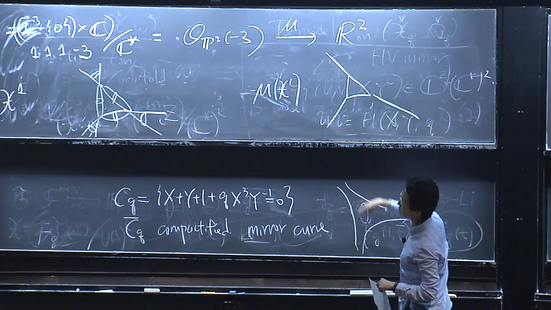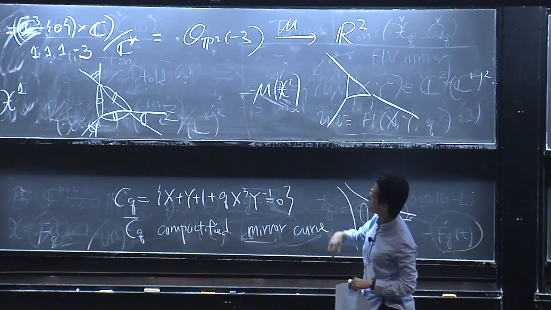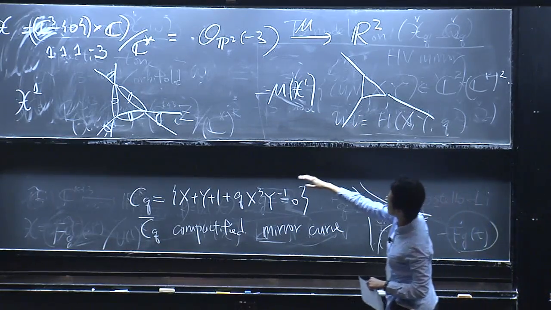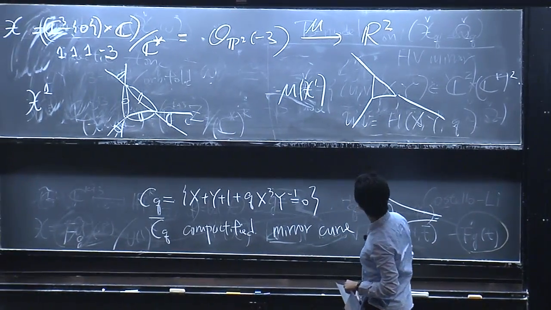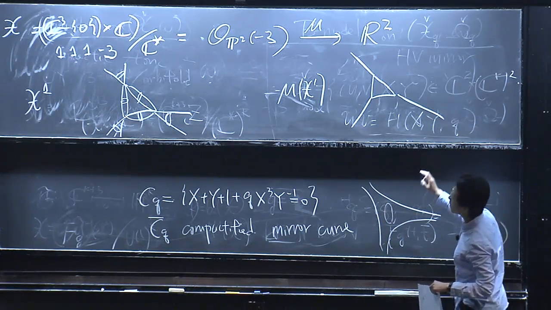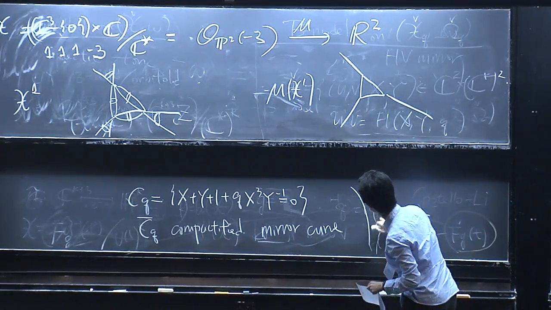Vertices correspond to the fixed points, compact edges correspond to the invariant P^1s, and non-compact edges correspond to the invariant complex lines. And then the shape of the mirror curve will always be like the fattening of this.